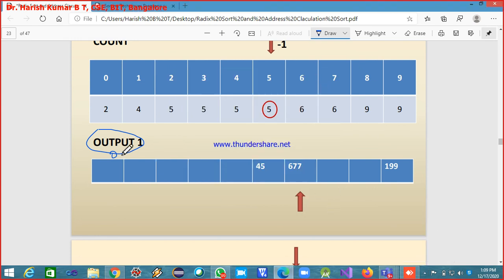Okay. So 0, 1, 2, 3, 4, 5. So the 5th index you can match from here also. 6, 7, 8, 9. Okay.